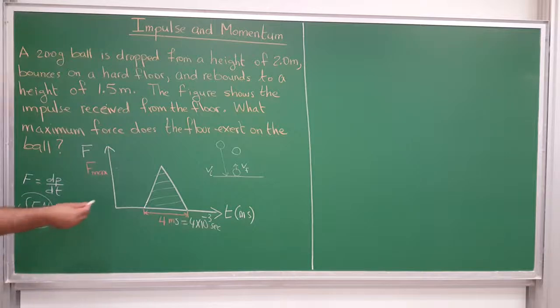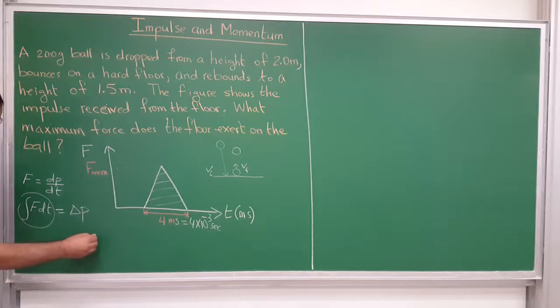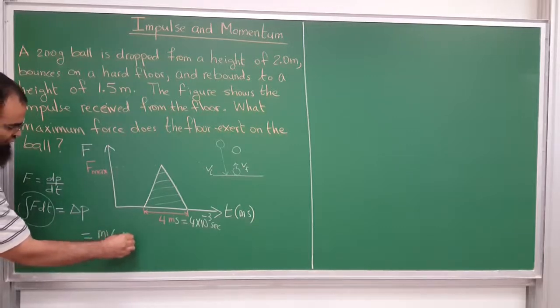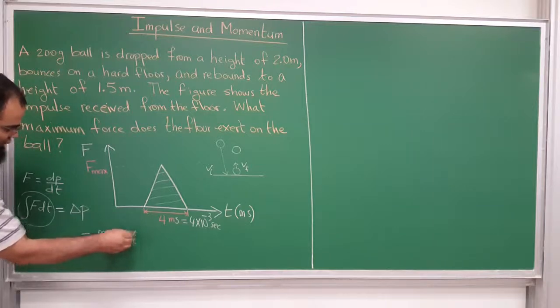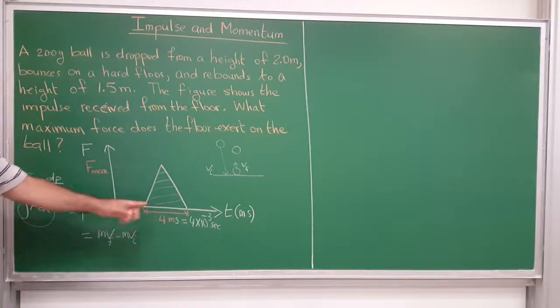The integral will be the area under the curve of this force versus time. The change in momentum is the final momentum minus the initial momentum. Momentum, remember, is mass times velocity, so m v final minus m v initial. The left side here would be the area of this curve, and this integral will depend on the exact shape of this function.